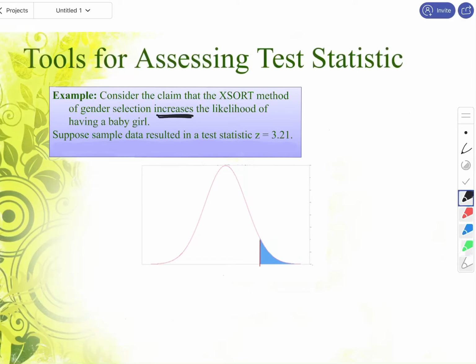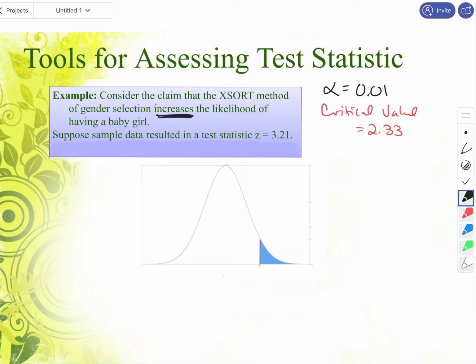Okay, so let's get started practicing that. Let's keep with this same example. I still have from the previous example a significance level of 0.01, which meant that our critical value was 2.33. But now let's look at this new part.